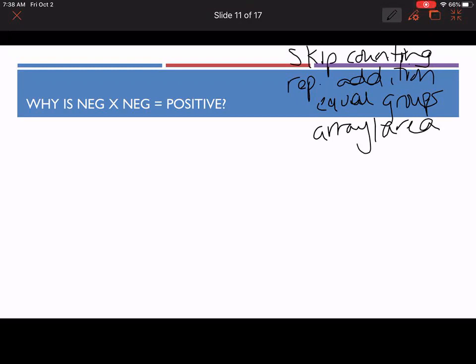Because if we're thinking of skip counting, we could skip count negatives and count down like -3, -6, -9, -12.